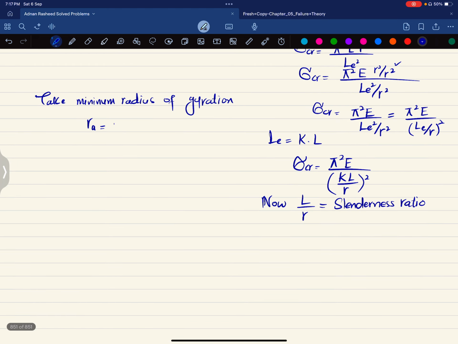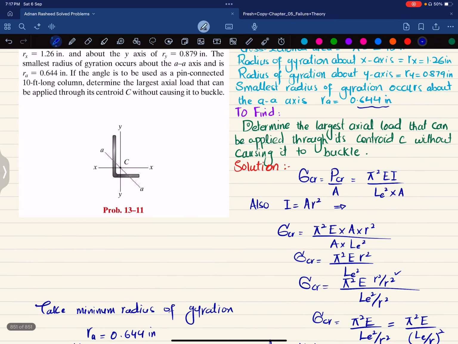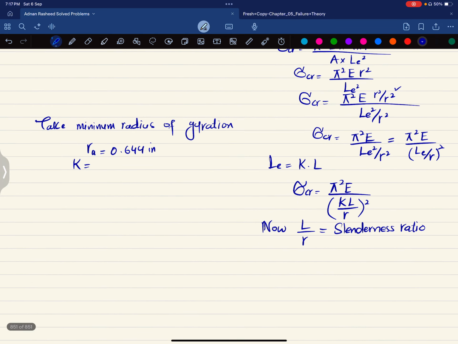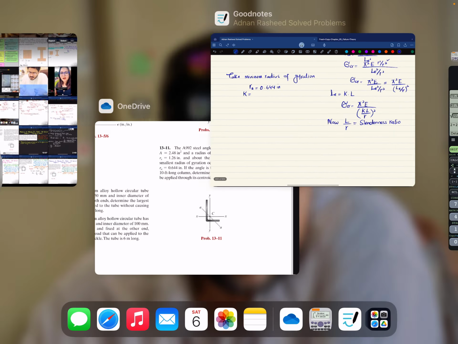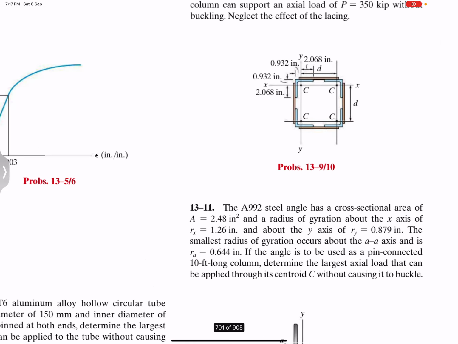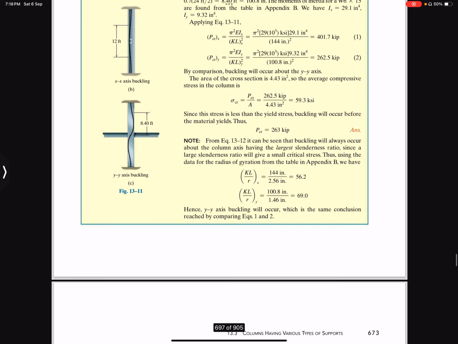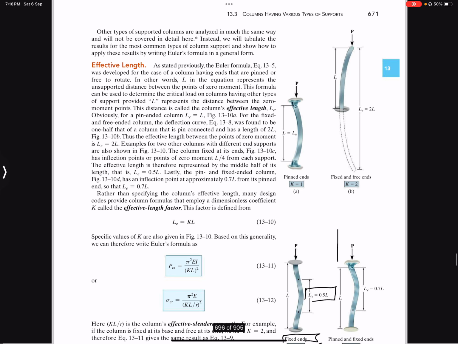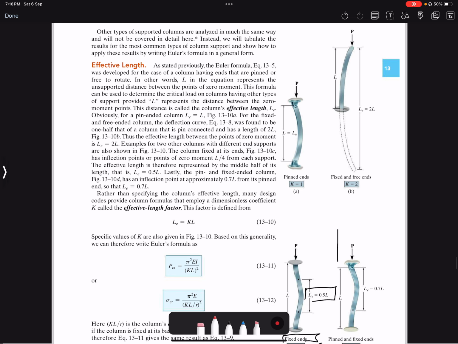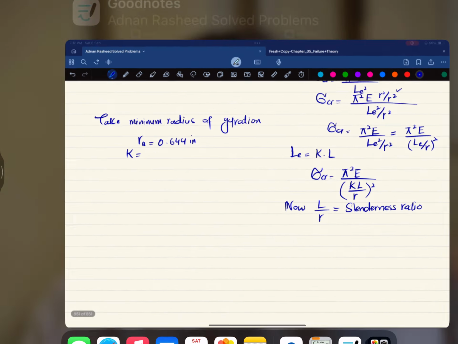Okay, now what is K? Both ends are pin connected, and we have seen that for pin ends, as I show here in the book, K is equal to 1.